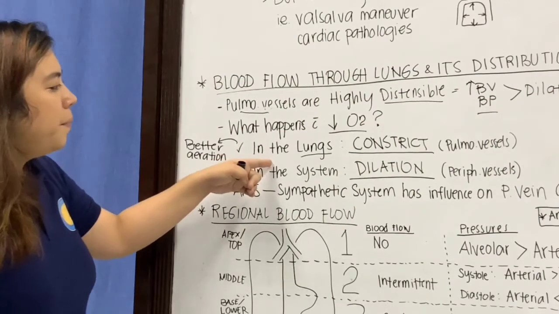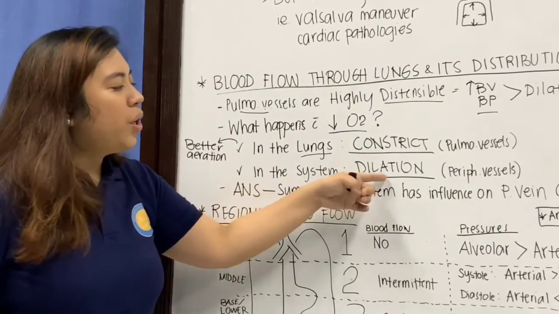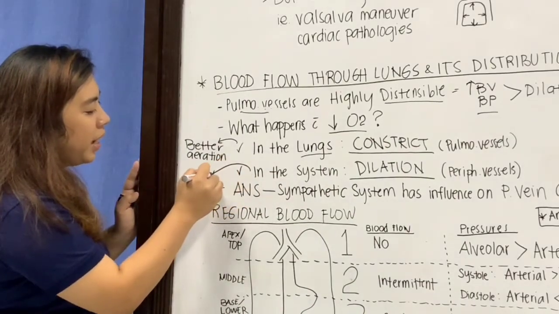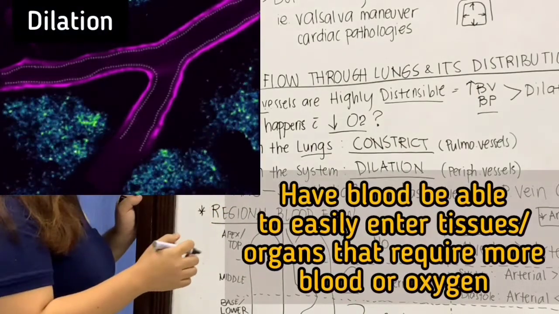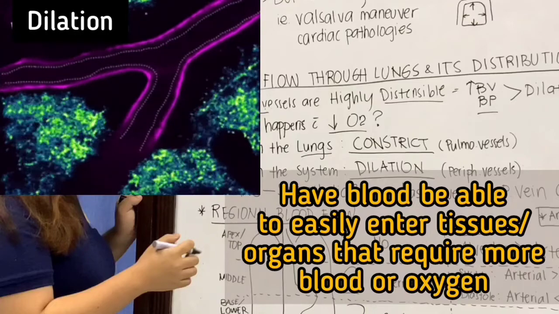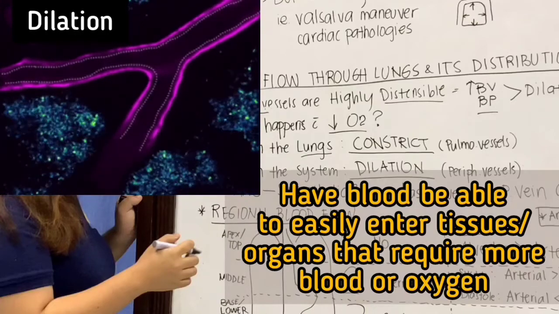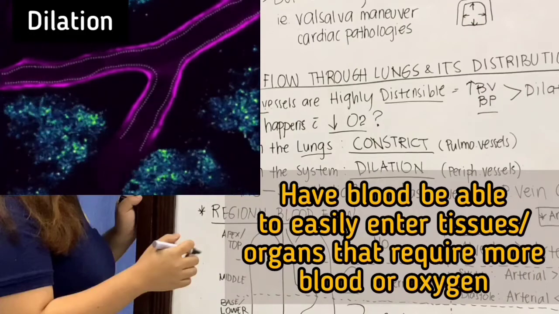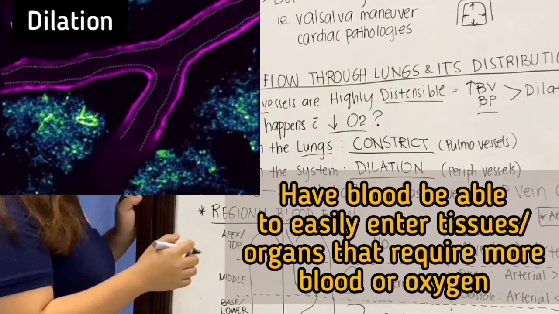For the system, there is dilation of the peripheral vessels. So this mechanism is to have blood be able to easily enter tissues or organs that require more blood or oxygen, because remember, this is a scenario that happens with decreased oxygen concentration.